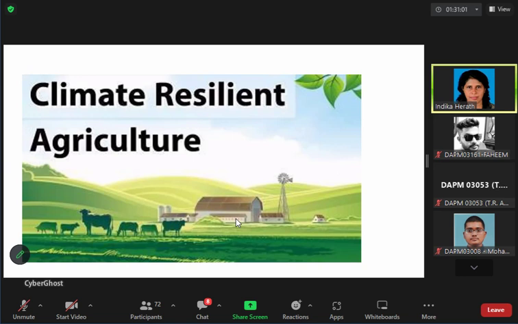Yes, the climate resilient agriculture. Why do we need this? Because the pattern of climatic conditions and factors has been changing and has been very different in recent years, right?